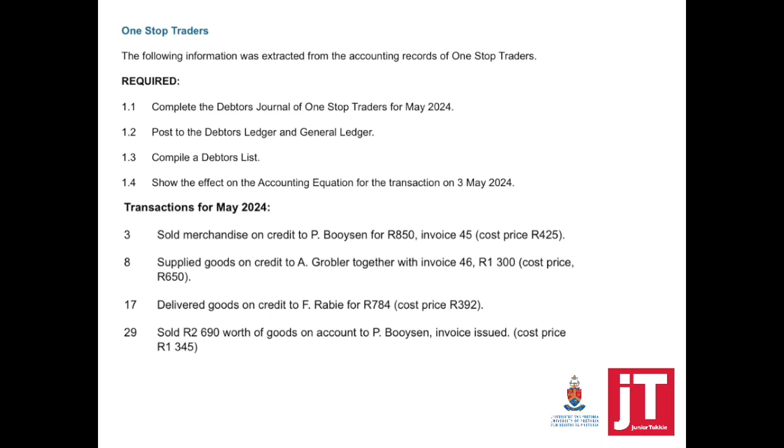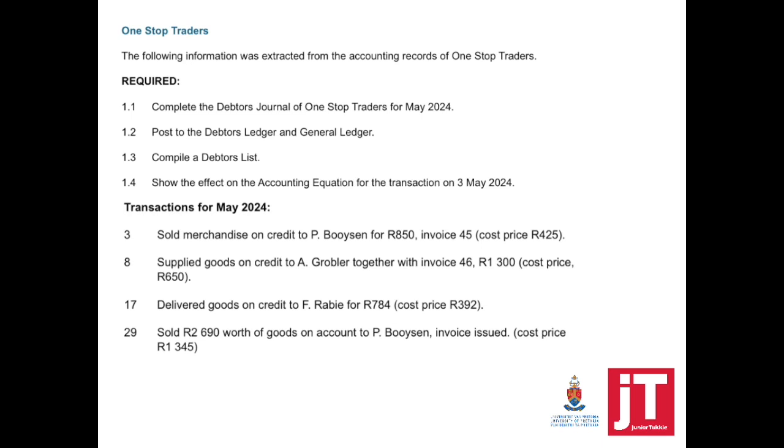Before we start with the activity, just a reminder to refer back to the theory booklet. The debtors ledger is an individual record of each one of our debtors. At the end, after we've completed all the transactions of the month, we compile a debtors list that shows all the outstanding balances.